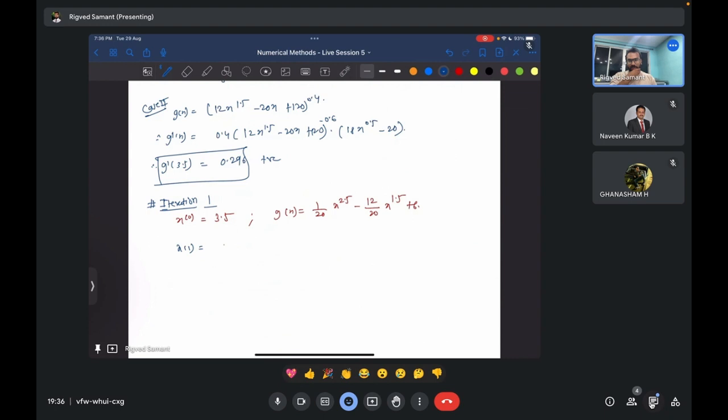So 1 divided by 20 into 3.5 raised to 2.5 minus 12 divided by 20, 3.5 raised to 1.5 plus 6. What will you get?